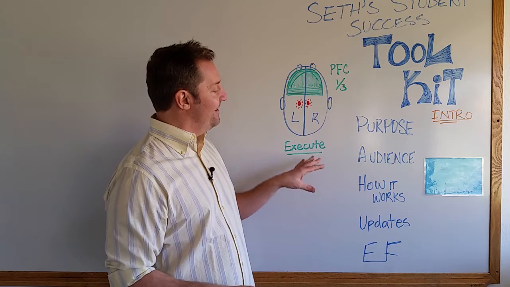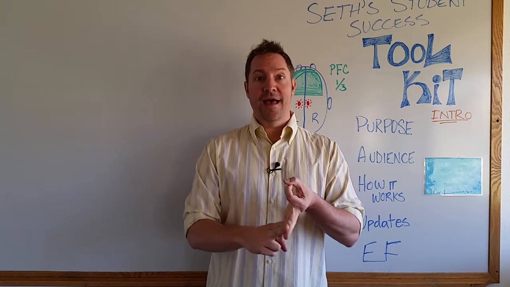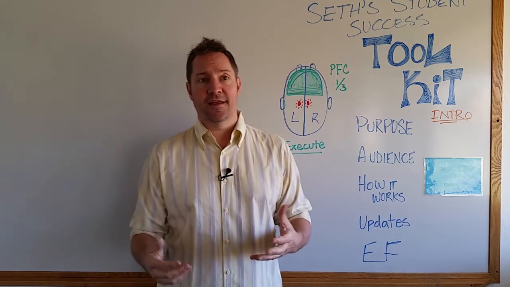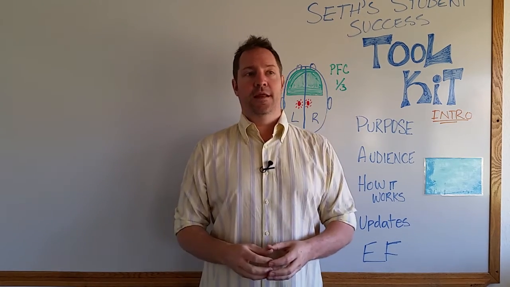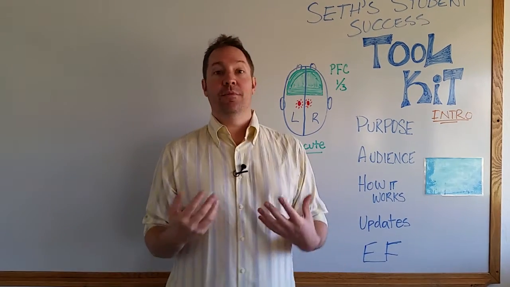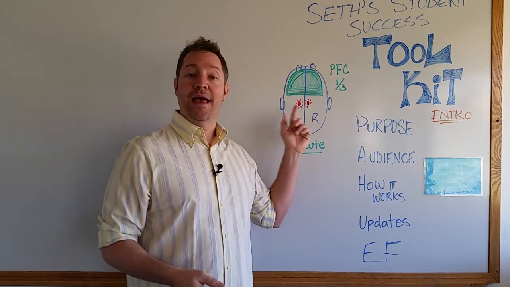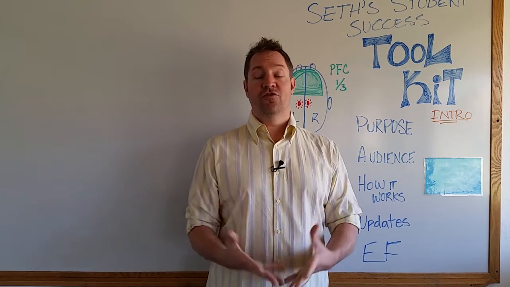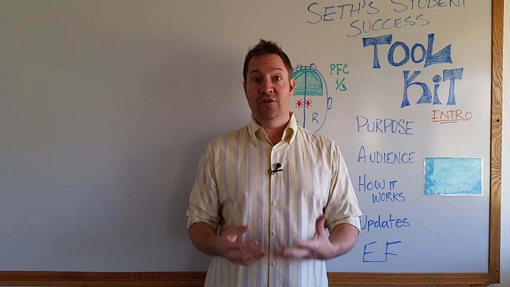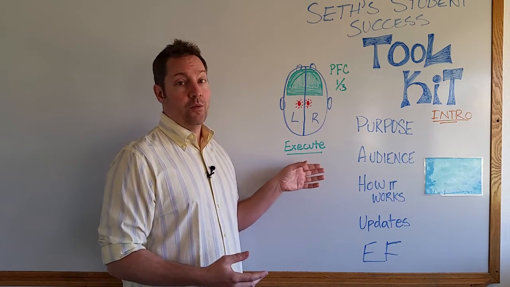So executive function deals with planning, organizing, time management, perception of time, being realistic, being able to envision your plan. It's anything and everything that has to do with being able to execute a task. And it also has to do with the red, which is emotional regulation and being able to regulate and inhibit certain emotions in an appropriate way so that you can focus on what you have to execute.